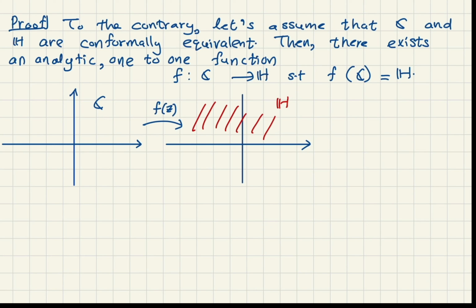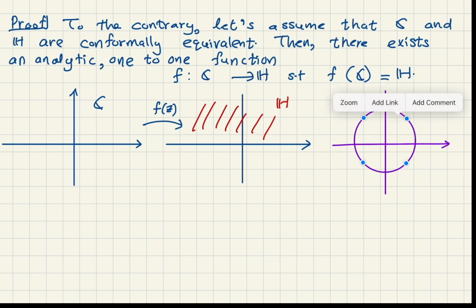This is my unit disk, with points 1 and minus 1. I can map this upper half plane to the unit disk by using this map. So I have the point i on the imaginary axis in the upper half plane.